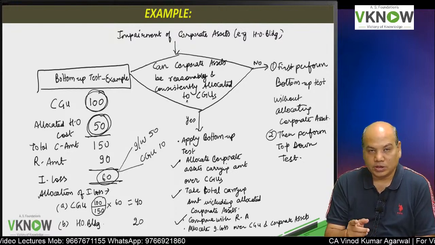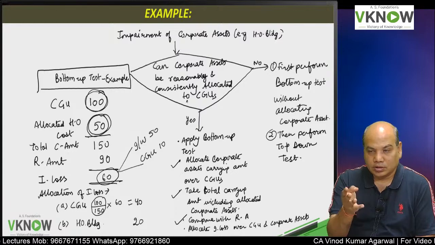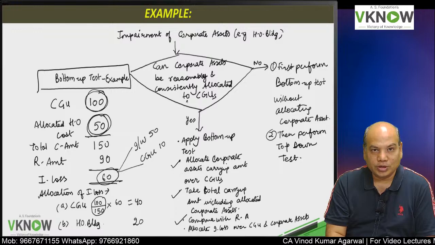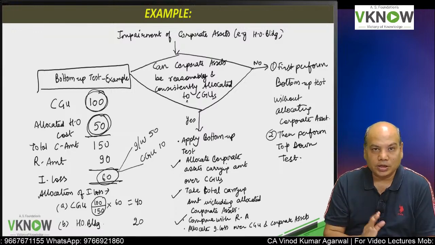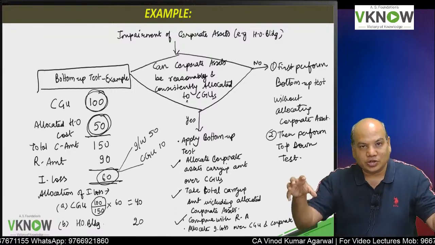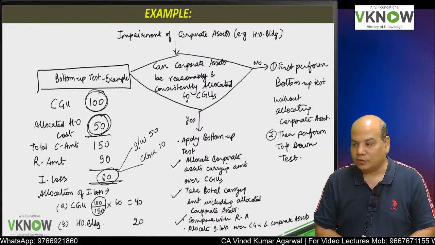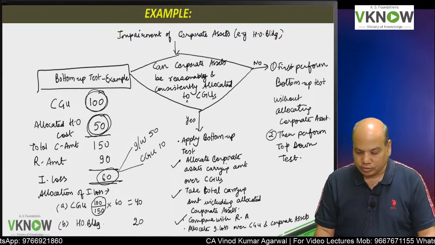First perform the bottom-up test like we did in goodwill. Whatever you can check under the bottom-up test, you should do it, and then apply the top-down test, where the larger CGU, maybe the whole enterprise, will be tested for impairment.